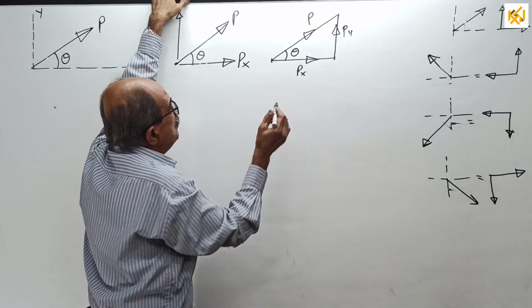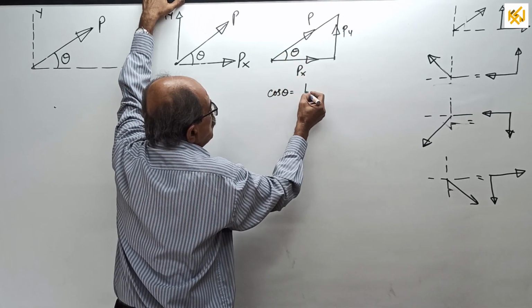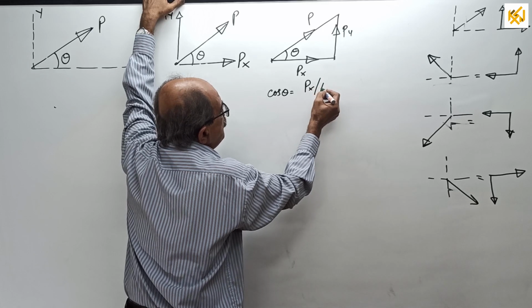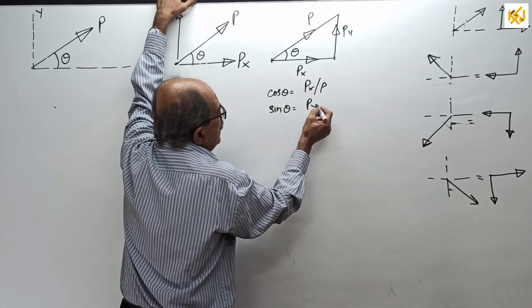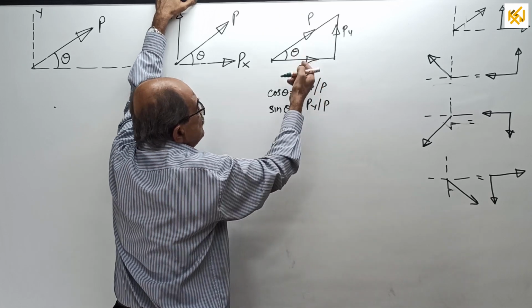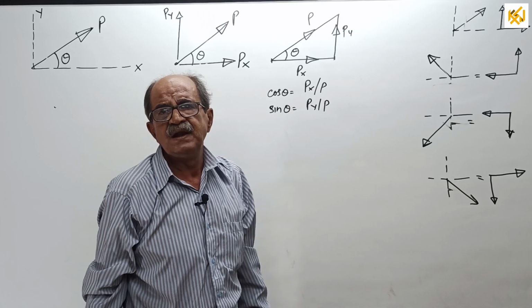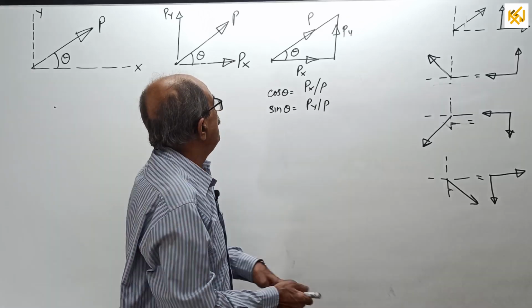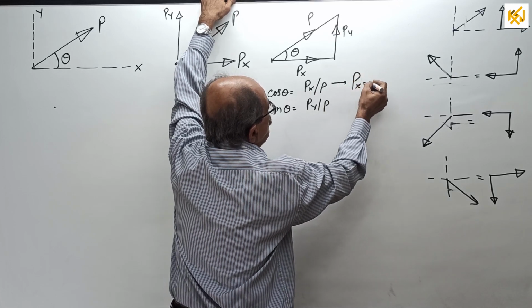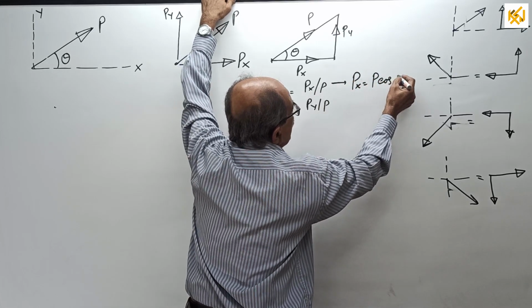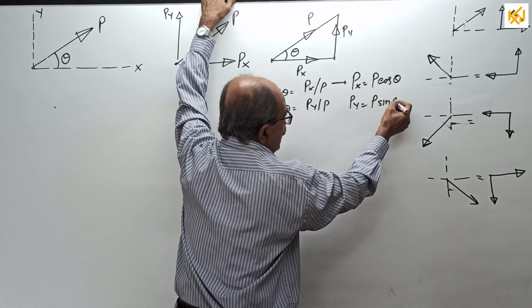See correctly now, cos theta equals Px divided by P and sin theta equals Py divided by P. This I should not explain too much because this much minimum mathematical requirement should be there. Therefore, I can conclude Px equals P cos theta and Py equals P sin theta. I will come to this one later.